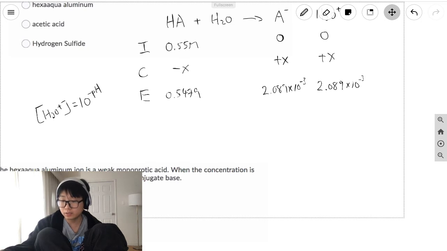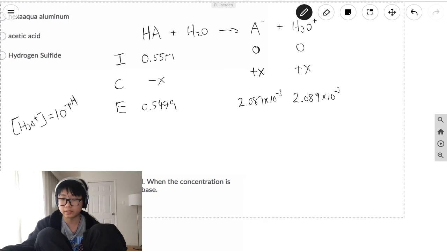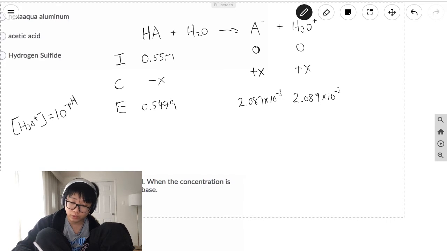A minus equals X, so I just wrote down 2.089 times 10 to the negative 3. The HA, you need to do a little bit more work because the equilibrium concentration is 0.55 minus X. Since I just found out what X is, just plug that in, 0.55 minus 2.089 times 10 to the negative 3. So now you understand where I got the 3 equilibrium concentrations.